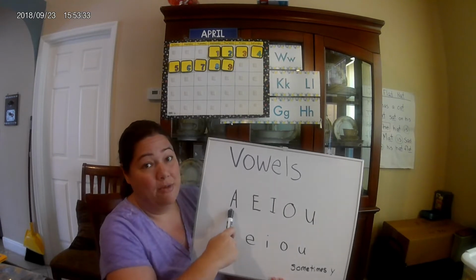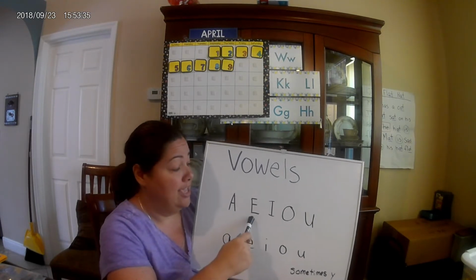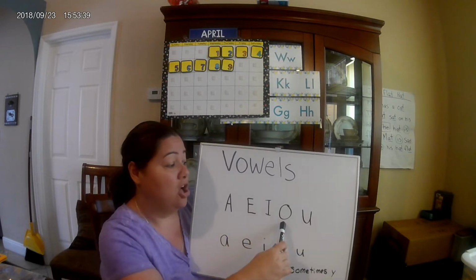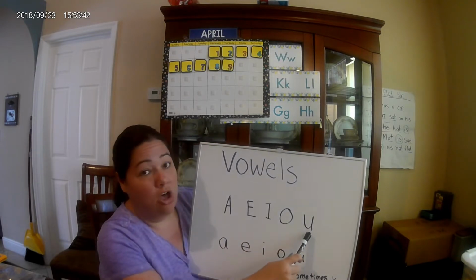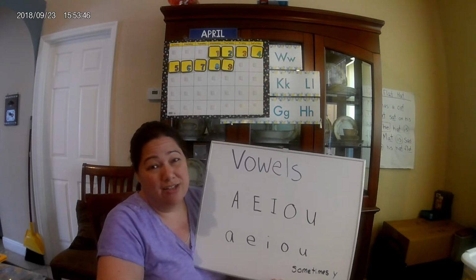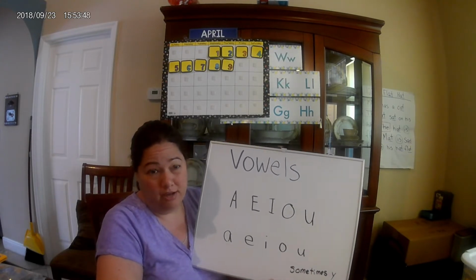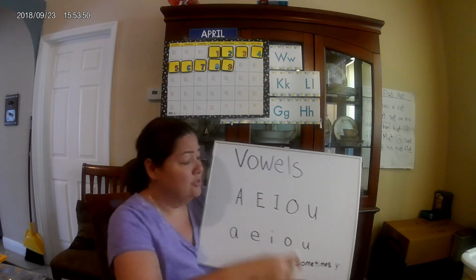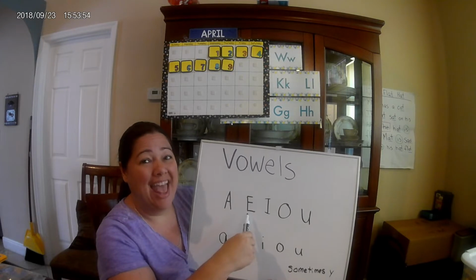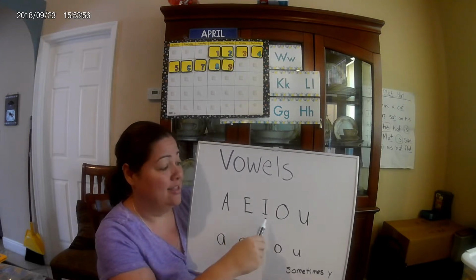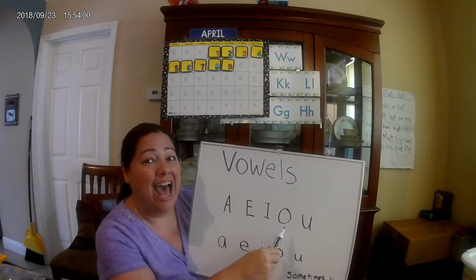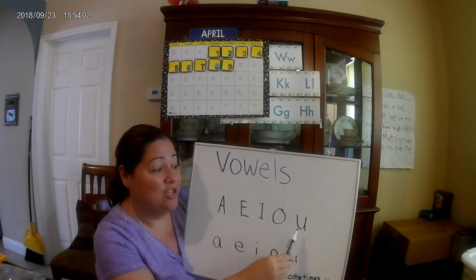So the long A says A, long E says E, long I says I, long O says O, and the long U says U. The short sound is the sound that we've been focusing on primarily already. So the short A says ah, the E says eh, the I says ih, the O says ah, and the U says uh.